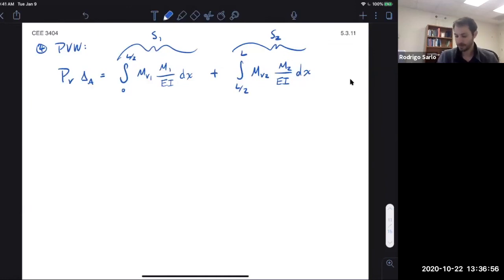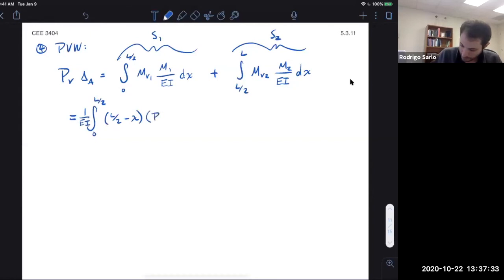So then I just plug everything else in, solve, and get my delta A. So this is equal to MV1 is L over 2 minus X. I can take the EI to the outside because it's constant.